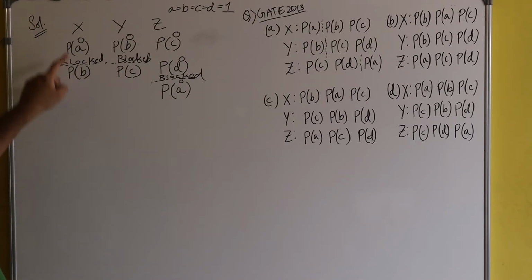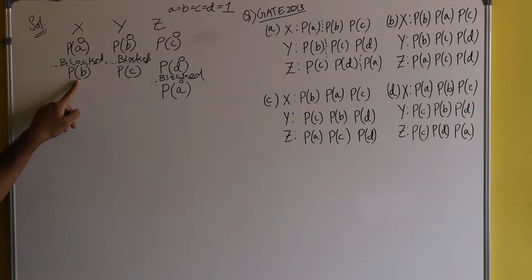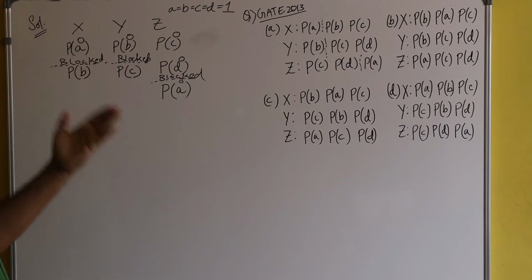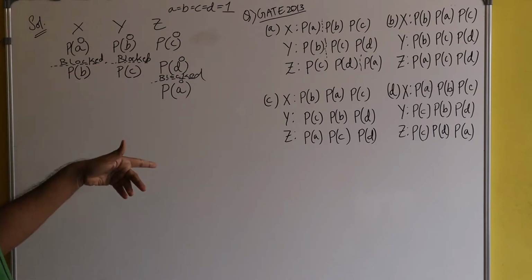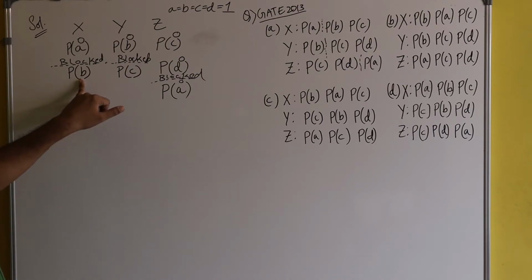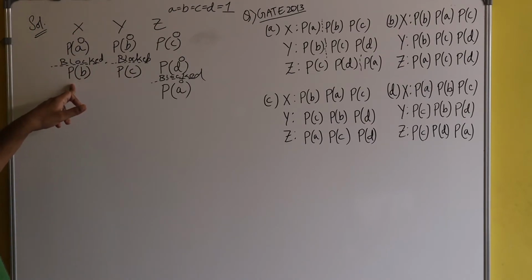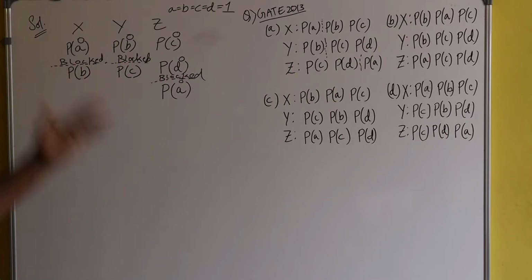You see here, process X will only successfully execute PB if one of the processes applies a V (signal) operation on B. Then the value of B will be made 1, and after that process X can successfully execute this line. But these things are not happening.